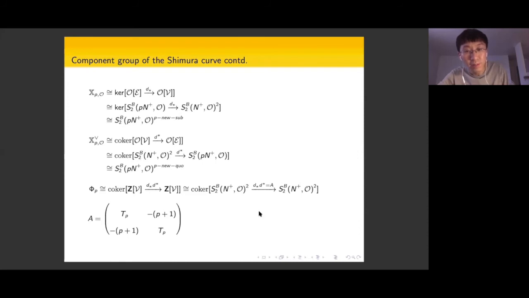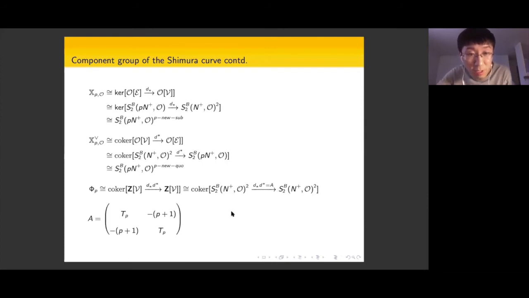And since I identify these with degeneracy maps from the Shimura set, this is given by a 2x2 matrix, and this matrix appears everywhere in the literature for modular forms. It's simply given by the TPs on the diagonal and P+1 and negative P+1 on the anti-diagonal. Okay.